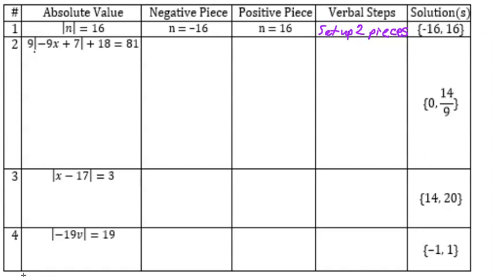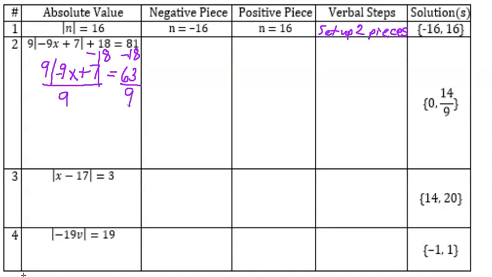Number 2, 9 times the absolute value of negative 9x plus 7 plus 18 equals 81. The first thing you want to do is isolate the absolute value. To do that, first we could subtract 18 from each side, and then divide by 9.